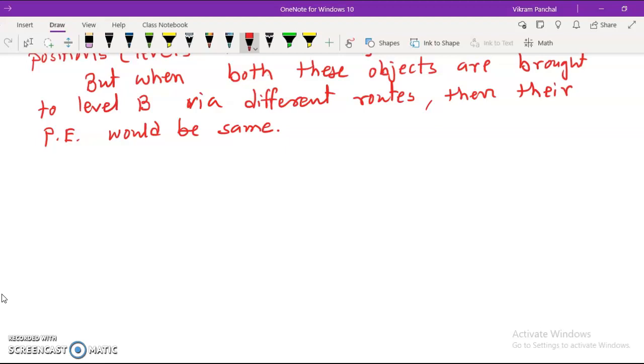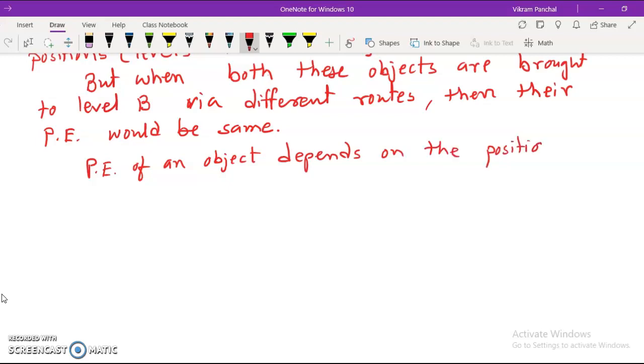Okay, so we can say that the potential energy of an object depends on the position of a particular level.